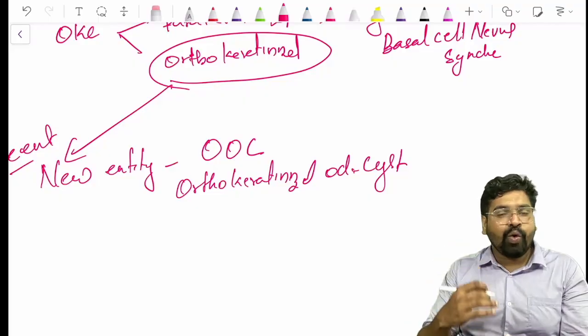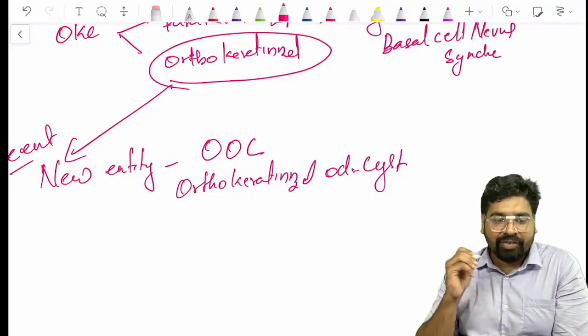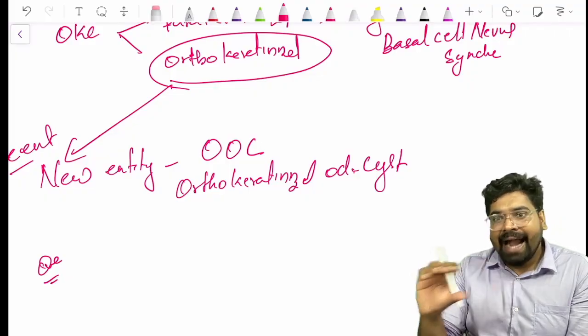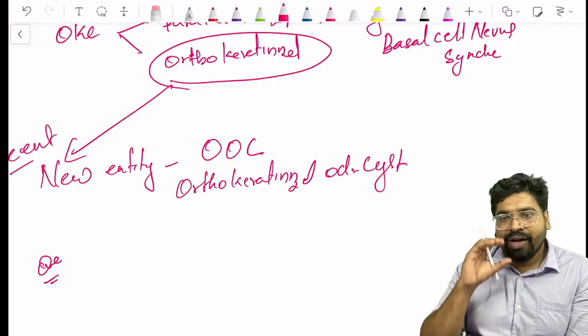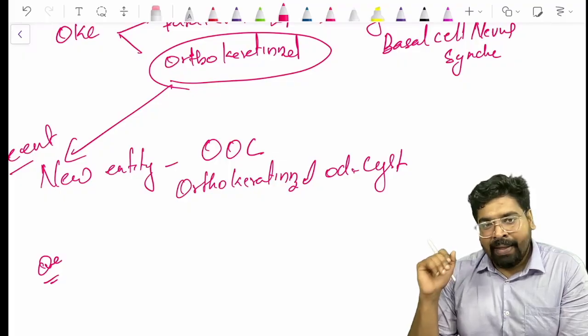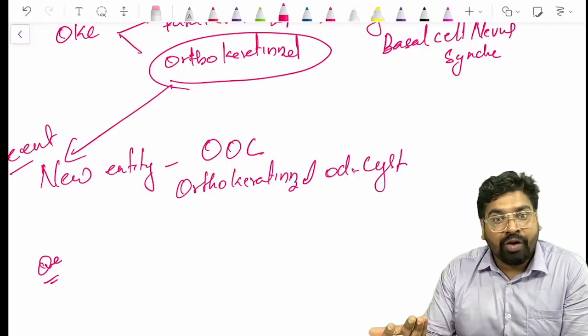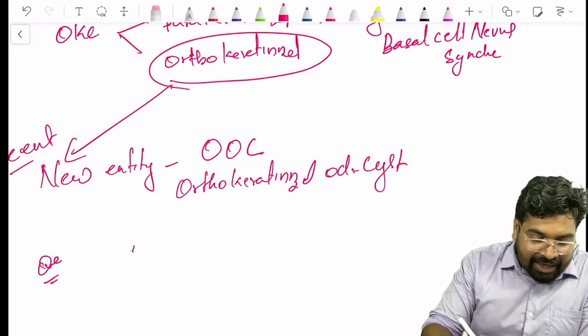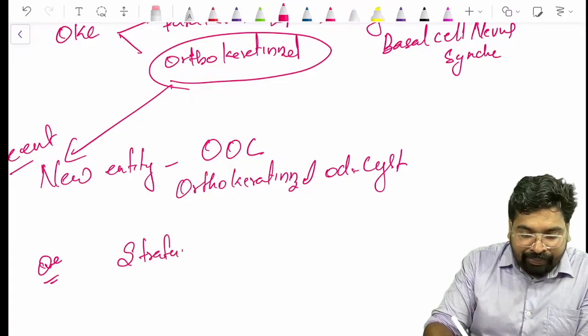What is the difference between OOC and OKC? There was one question. Please remember, which strata of epithelium. Okay, you have stratum basale, stratum spinosum, stratum granulosum, stratum corneum, right? Which stratum is more prominent in OOC but less prominent in OKC? Just remember the stratum granulosum.